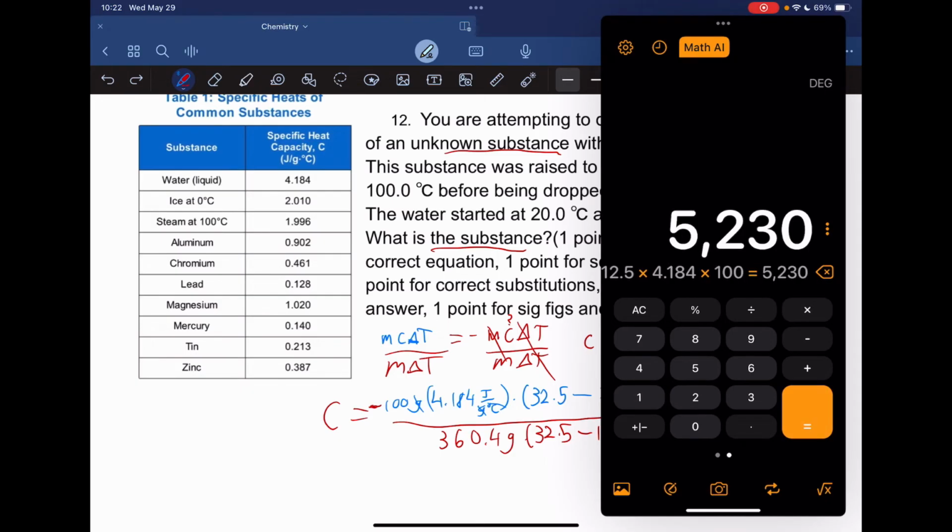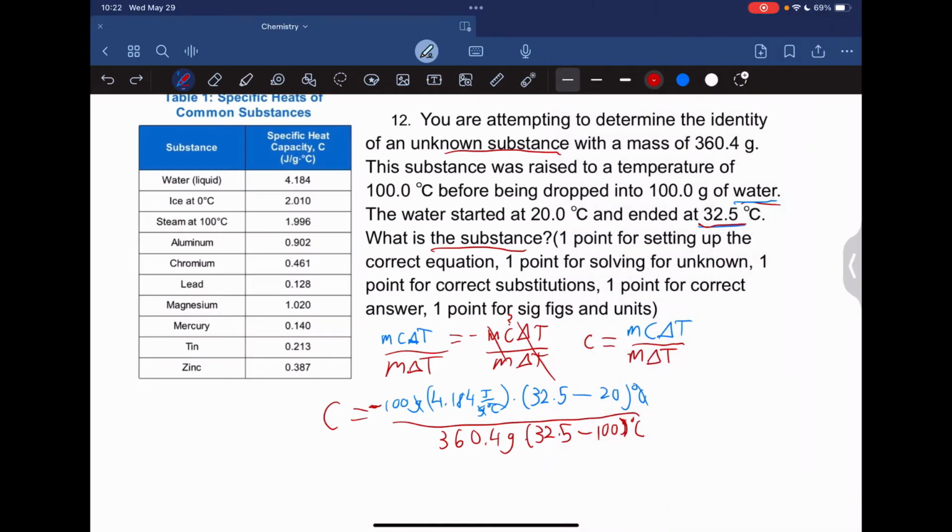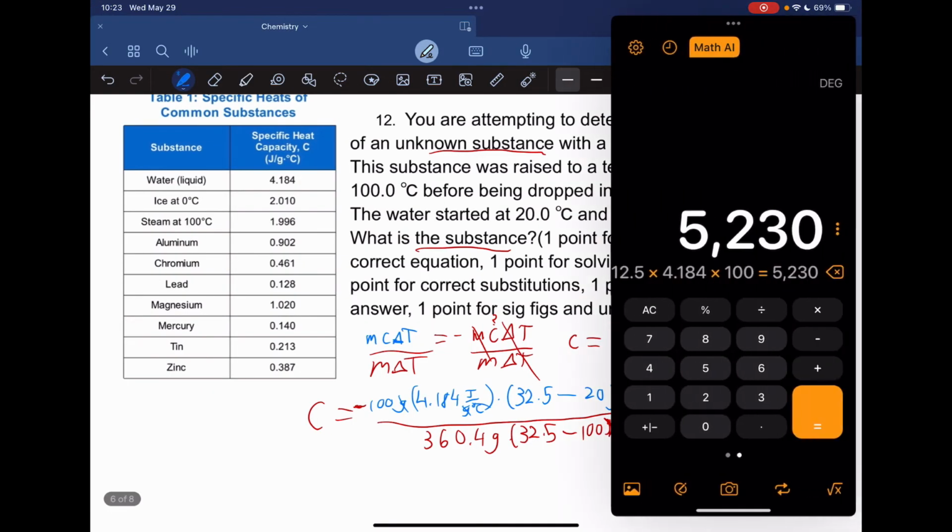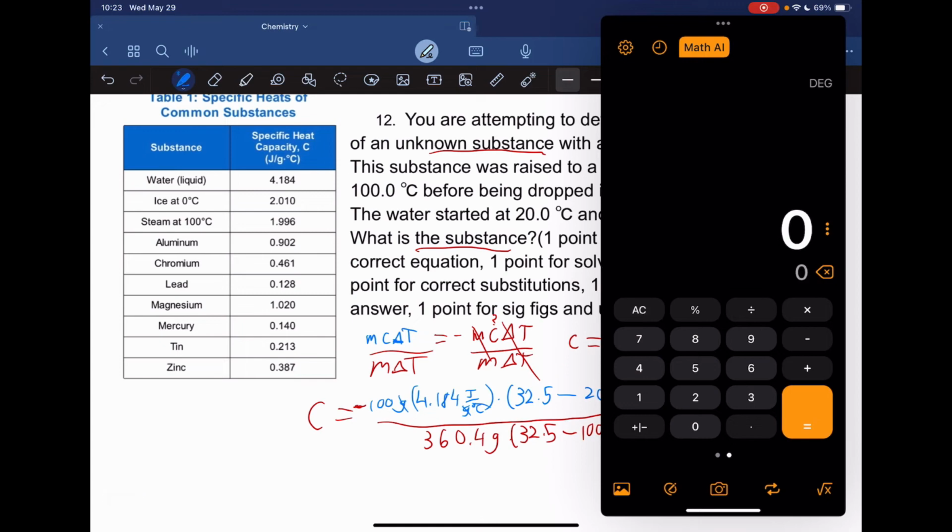And what I could do is just write that number out. So in the top we have 5,230, and right now it's in joules. And then we need to do the bottom. So we're going to do the temperature first. The temperature is going to be 32.5 minus 100.